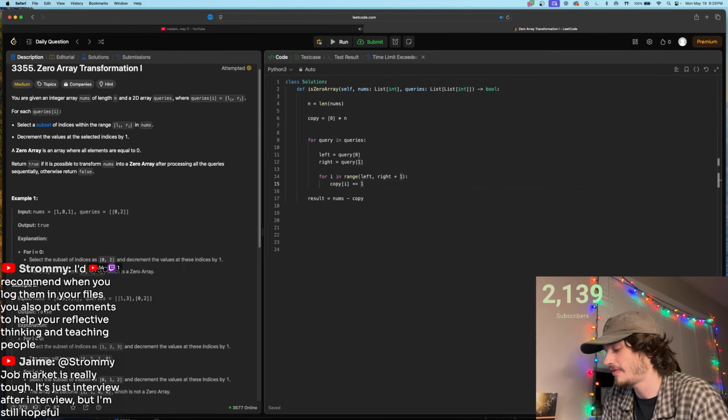Have all the values be 0 at first, then subtract dummy from nums to result in the 0 array.